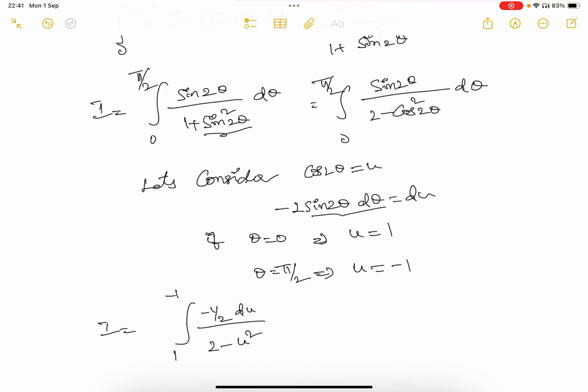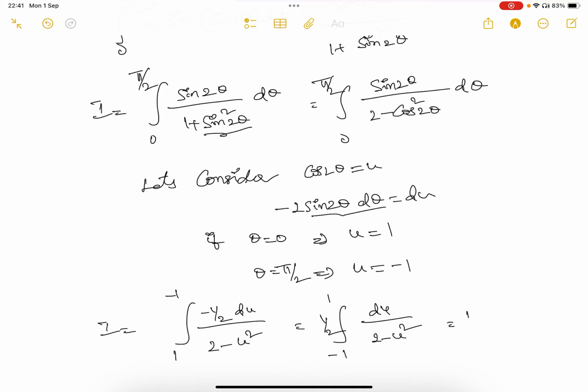Fine. Then as you can see, because of this minus symbol here, minus half, the integration limits will get changed. This is minus half to minus 1 to 1 half du by 2 minus u square. As you can see, this is an even function.